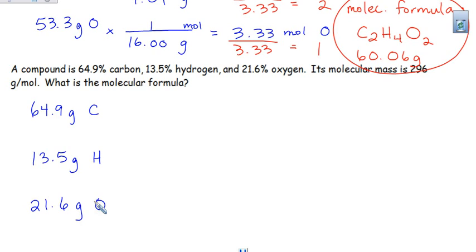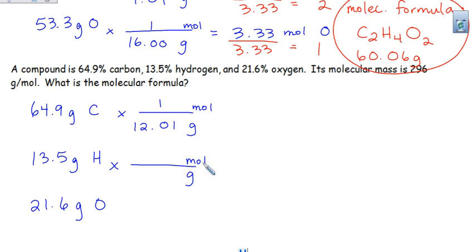It's the same molar masses, so let's plug these in right away. Cancel grams, we want moles. 1 mole of carbon, 12.01 grams. We'll do the same thing all the way down.